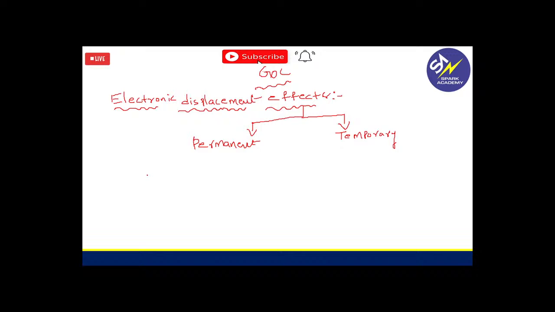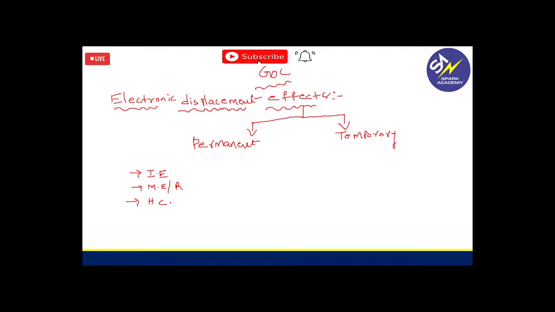Now, what are the examples of permanent effect? First one is inductive effect, I am writing this as IE. Second one is mesomeric effect, which is also called resonance, and third one is hyperconjugation.